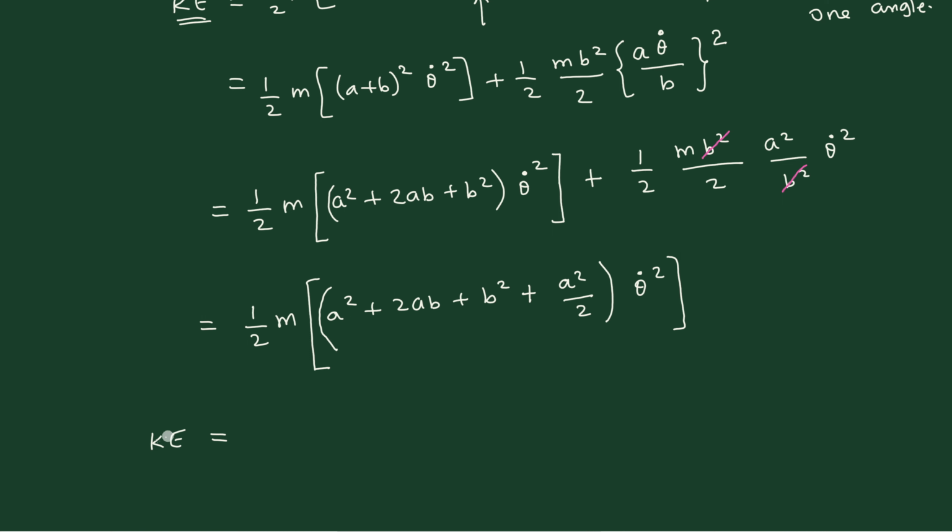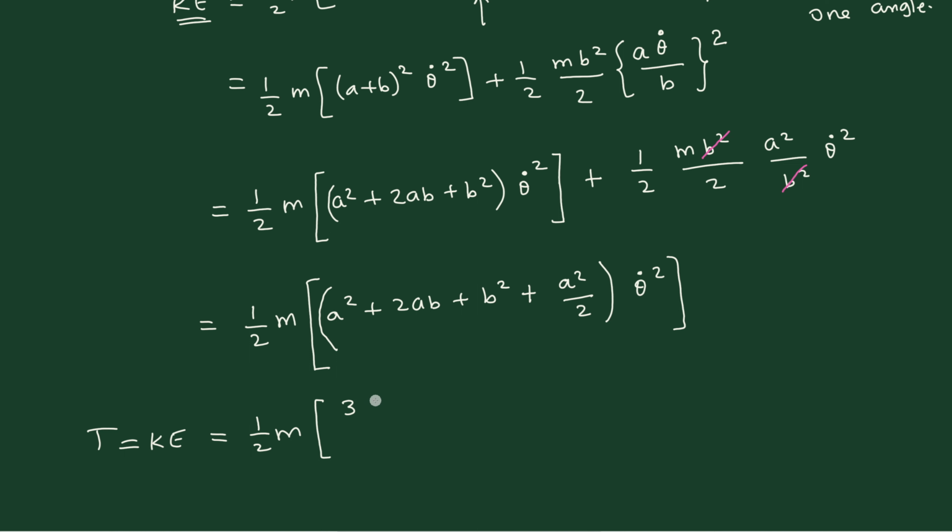So we have the kinetic energy, which we are going to put the symbol T here, which is equal to this expression. I think this we have to simplify. So how much is this? This is 3 by 2, right?